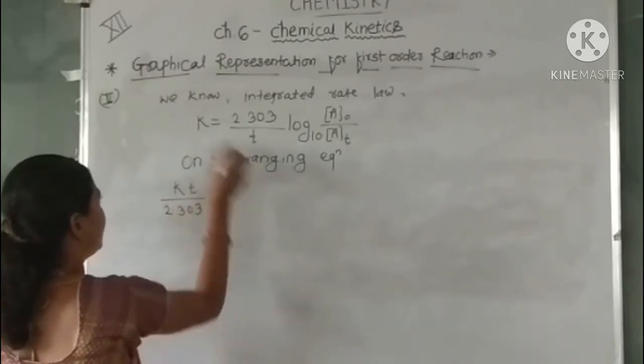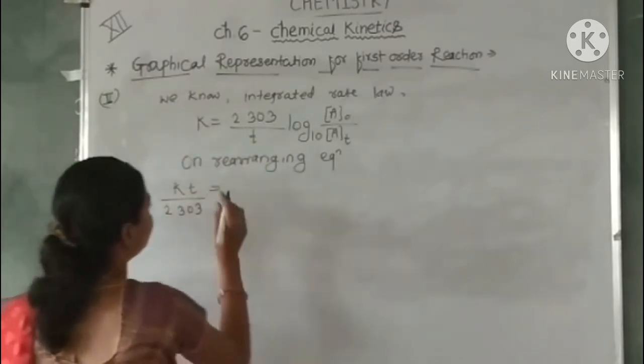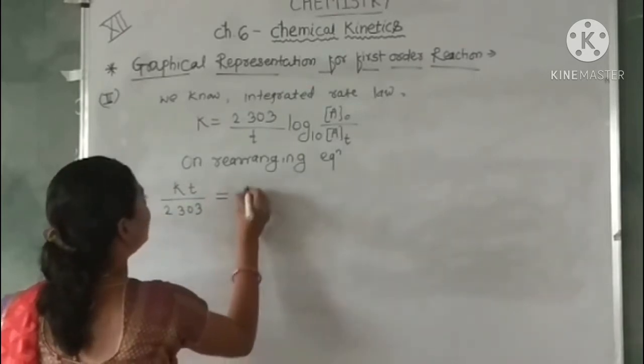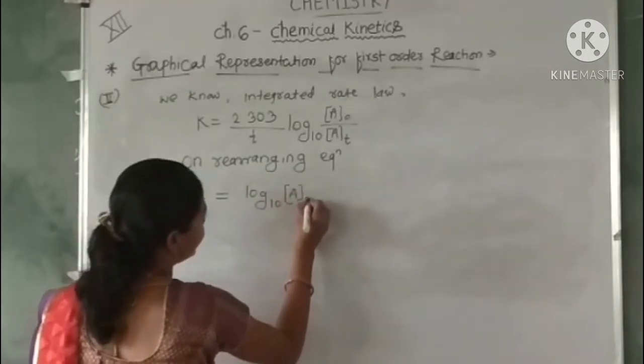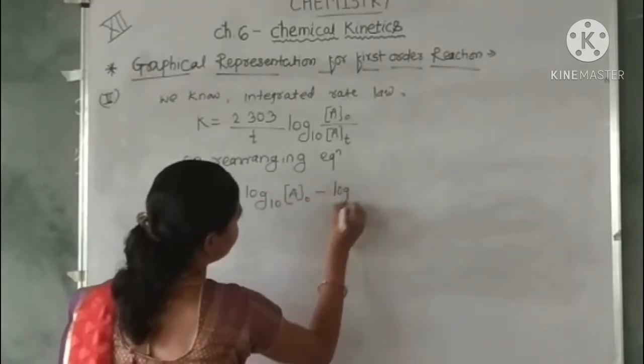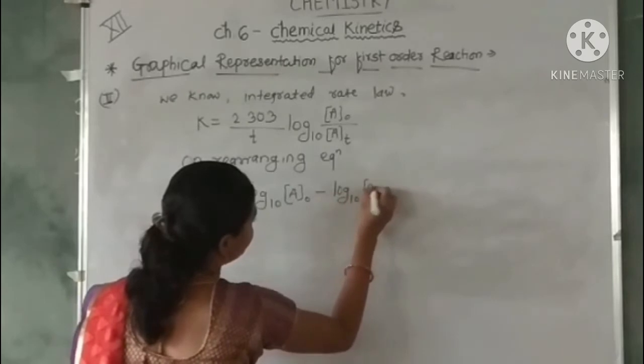kt upon 2.303 is equal to log to the base 10 initial concentration A0 minus log to the base 10 final concentration, that means At.